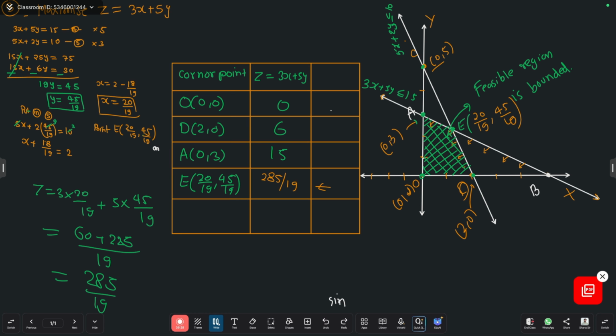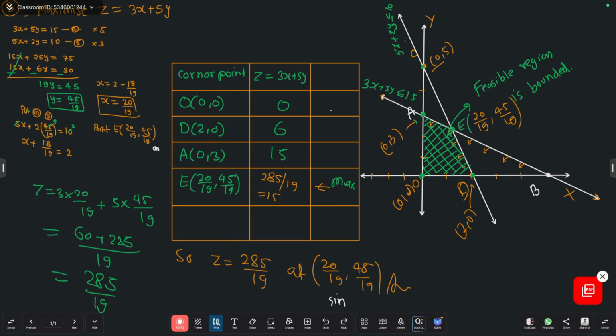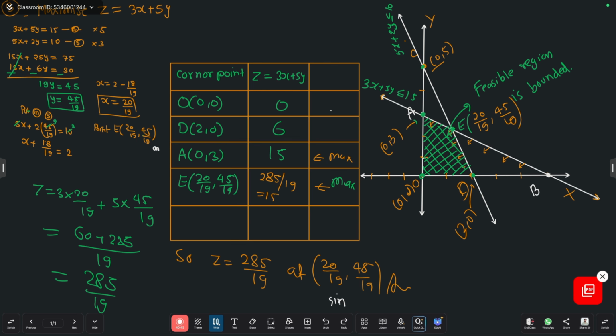This is your maximum. So Z equals 285 upon 19 at 20 upon 19 comma 45 upon 19. This is the same as 15. If the same as 15, then the maximum has 2 points. This is also a maximum, and 0 comma 3.